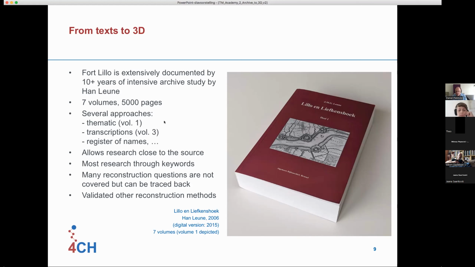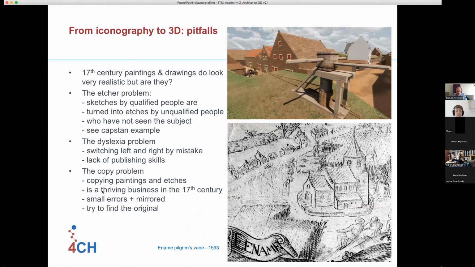but also a lot of things that we have from iconography, from other sources. We say, okay, this is a hypothesis. We want to reconstruct it like that. We can validate them through the texts and see if the text really is saying what we think it should say.